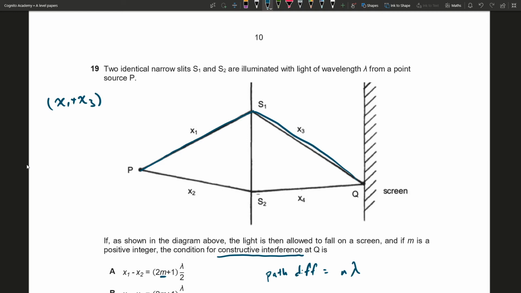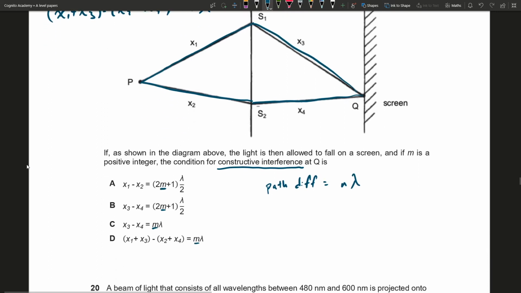The other path that the light will go will be x2 and x4, x2 plus x4, and the difference between them is our path difference, and that must be equal to some integer multiple of our wavelength. Scrolling down, D looks the most similar. We just replace n with m, and because m is an integer given in the question, our answer is D.